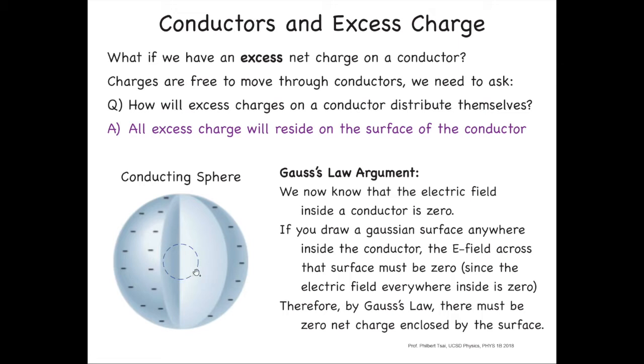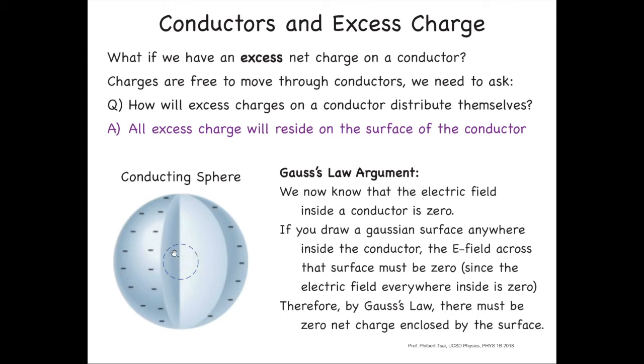We just said that I can draw this Gaussian surface inside the conductor. It'll contain no electric fields, because the electric field everywhere in here is zero. So the flux through the surface is zero. But if the flux is zero, by Gauss's law, the charge enclosed must be zero, right? So this surface must have no charge enclosed.